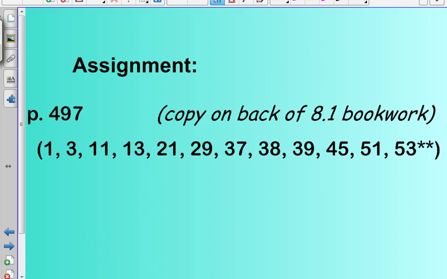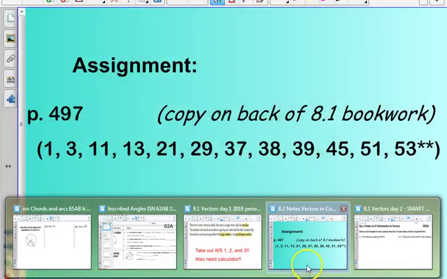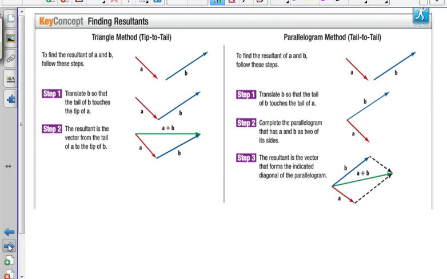All right, I am going back to 8.1 because we need to do applications till they come out our ears. Okay, on 8.1, we need to add vectors, okay? We need to add vectors. There are two ways to do this. There's a tip-to-tail parallelogram business, uses law of sines and cosines.